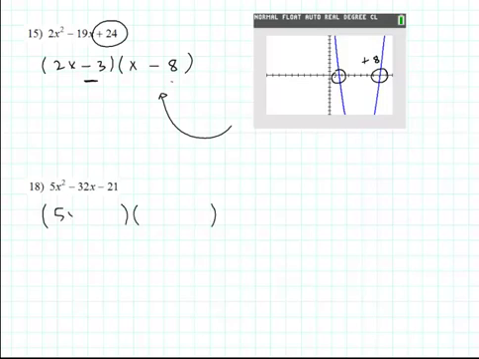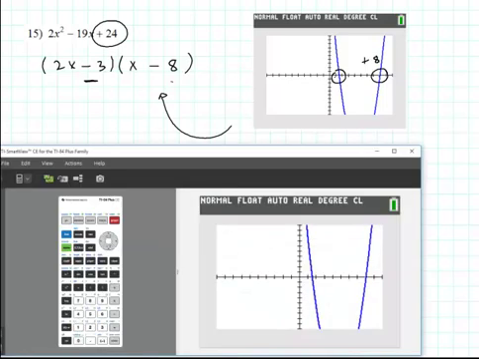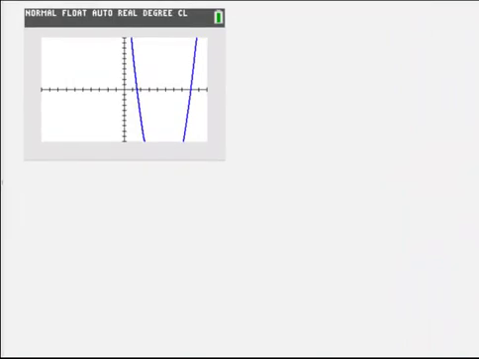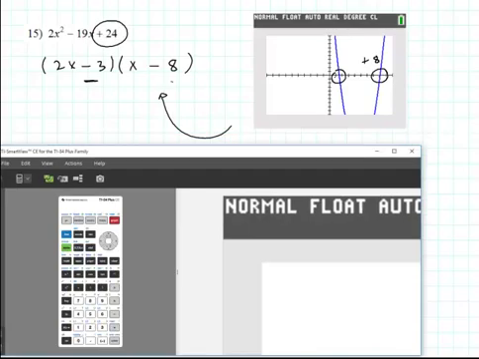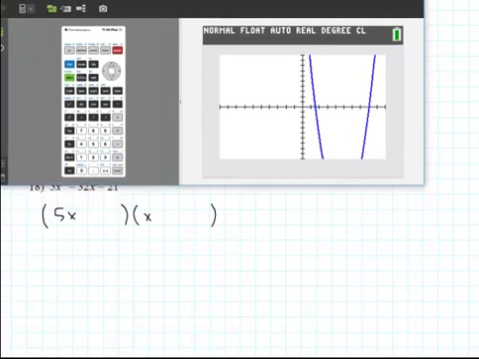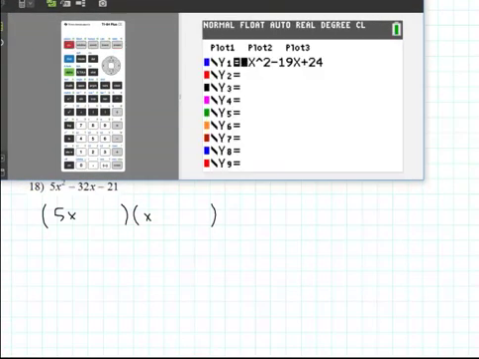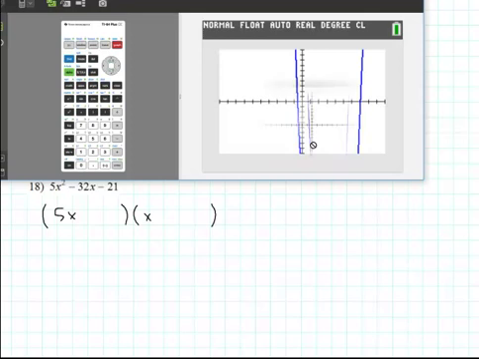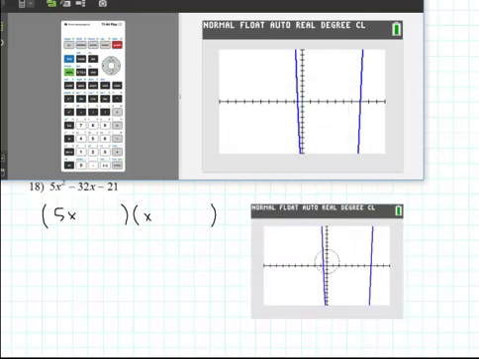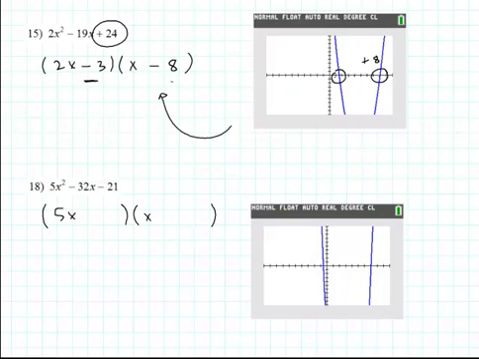Split your 5x squared into 5x here and x here. This is probably some kind of a solution that has a 5 on the bottom.